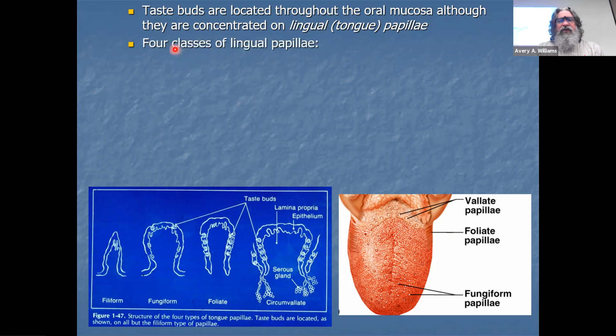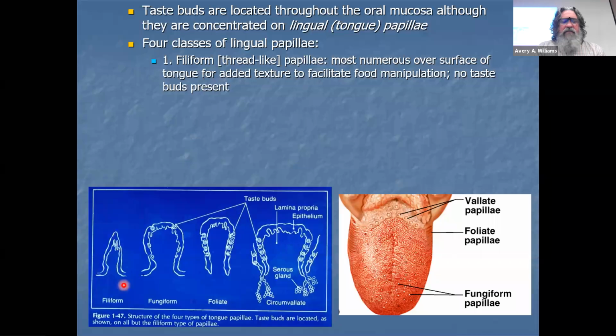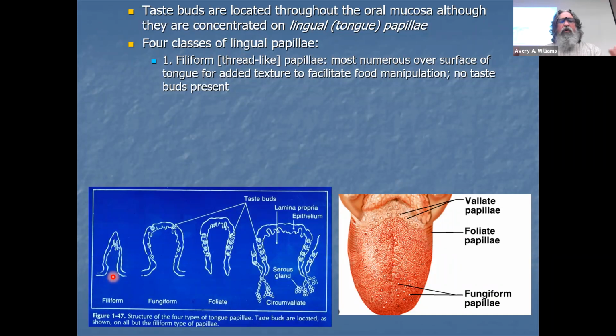Anyway, let's talk about the 4 classes of papillae. Like I said, I have them listed down here in this little diagram, based on their shape. The first one, number 1, is the most common one, found all over the surface of the tongue. They're called filiform papillae. The word filiform literally means filament-like or filamentous, and something that's filamentous is skinny or thread-like.